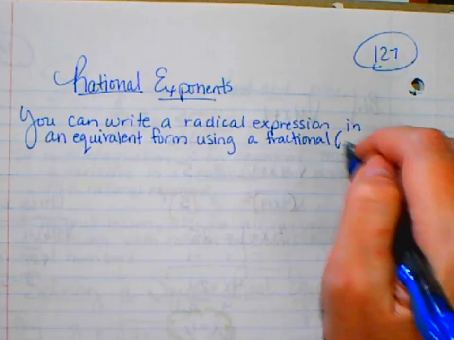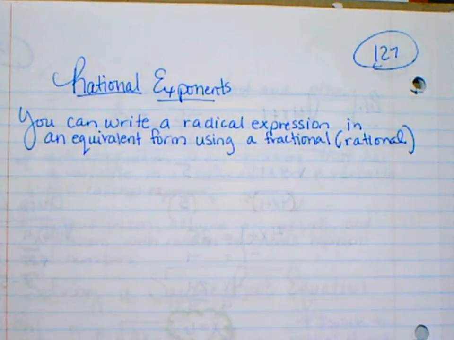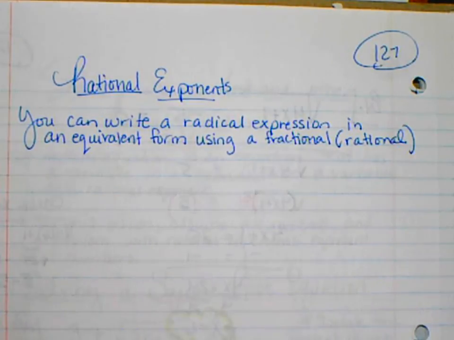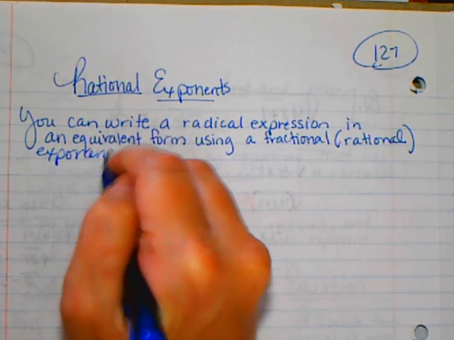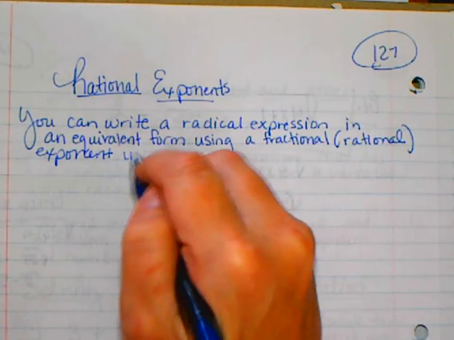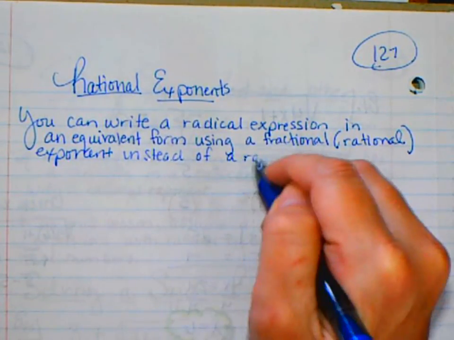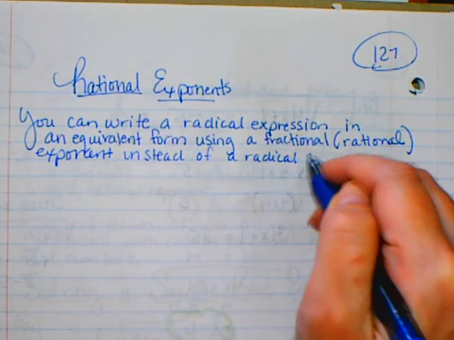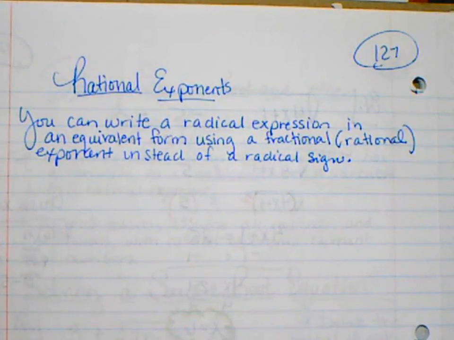Rational, because that's what rational is basically: when it's completely reduced, you still have a fraction. We call that a rational expression. Complicated? Not really.